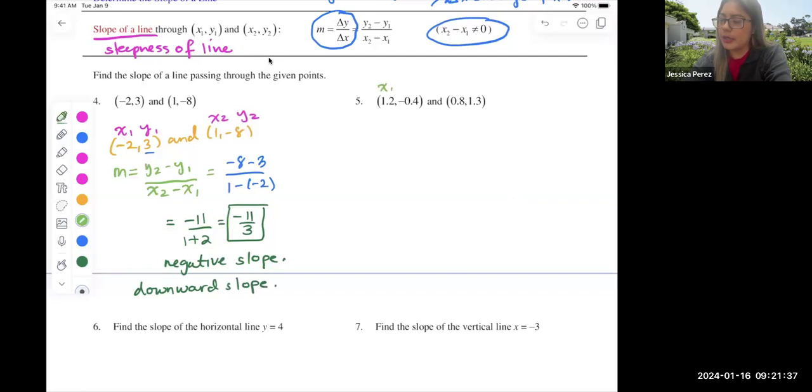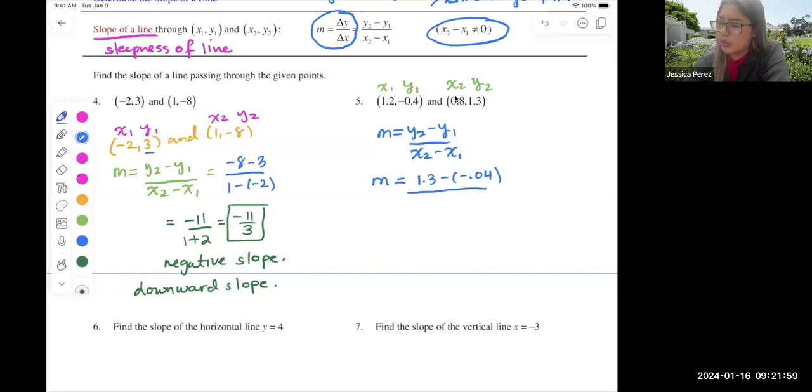You begin by identifying what is x1, y1, x2, y2. We follow our formula that says y2 minus y1 over x2 minus x1. M, the slope, is equal to 1.3 minus a negative 0.04 all over. Now my x2 is, let me go back there a few minutes.